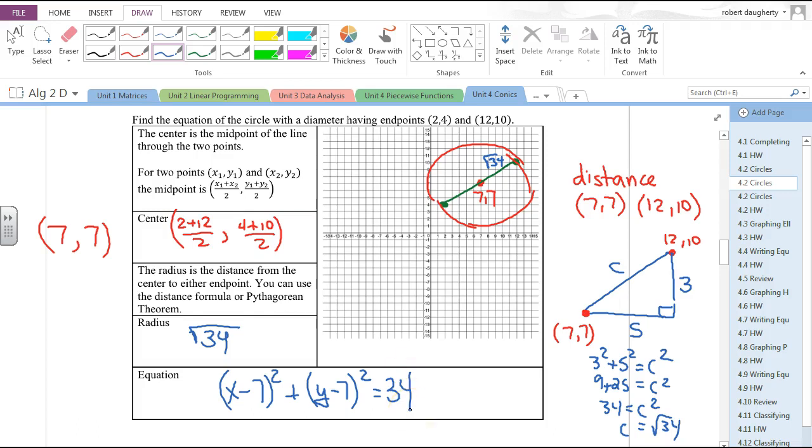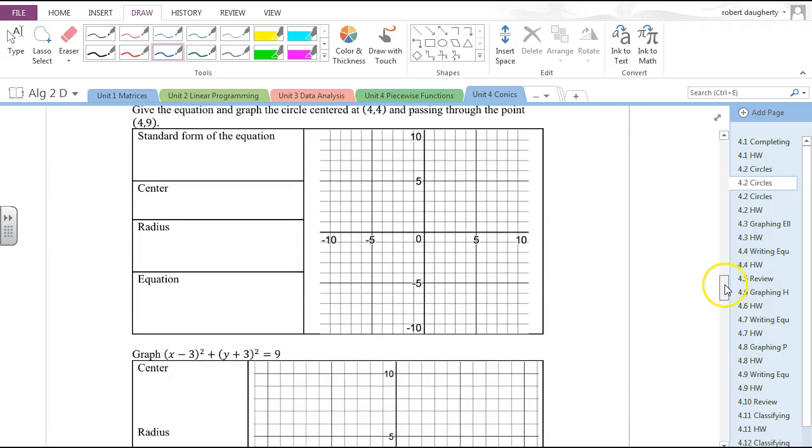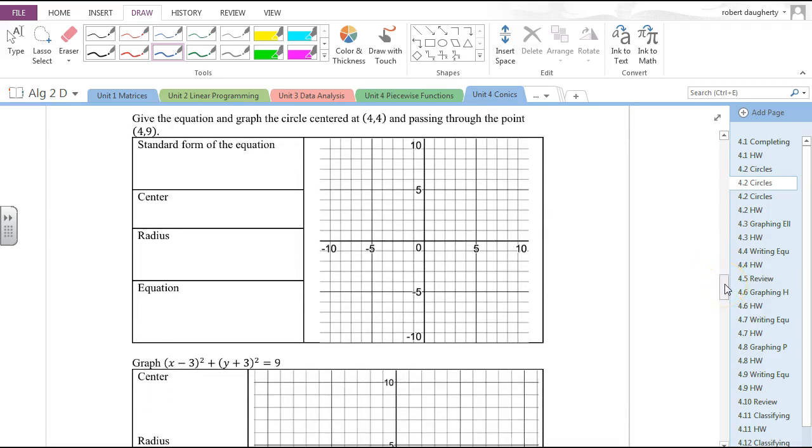When you square the radius, square the square root of 34, you get 34. Okay? So all you need is the center and the radius. Then that tells you the formula for the circle. So we're just going through different scenarios. I'm giving you different pieces of information to come up with the same thing, the equation of a circle.